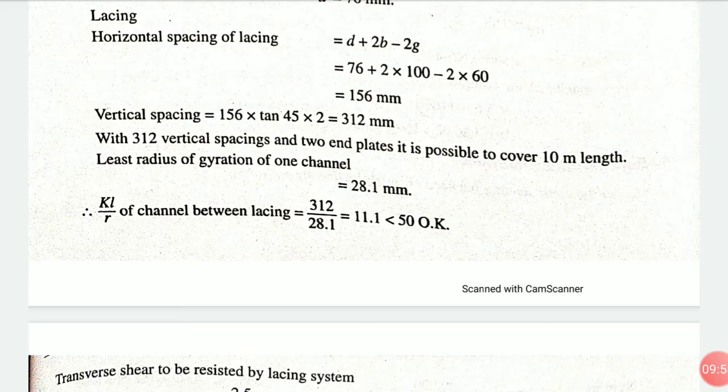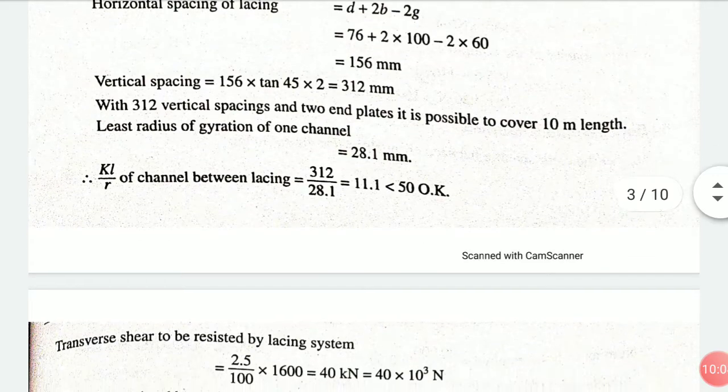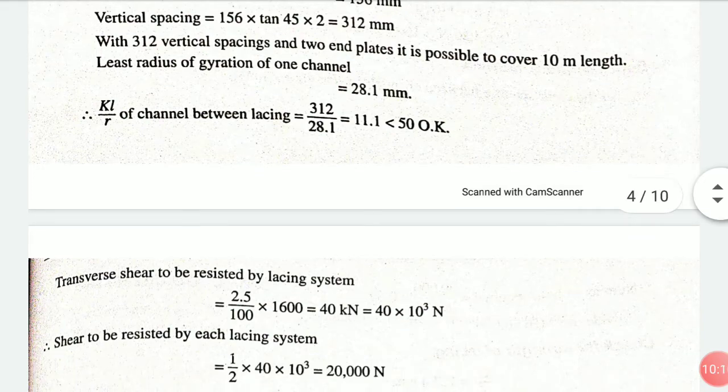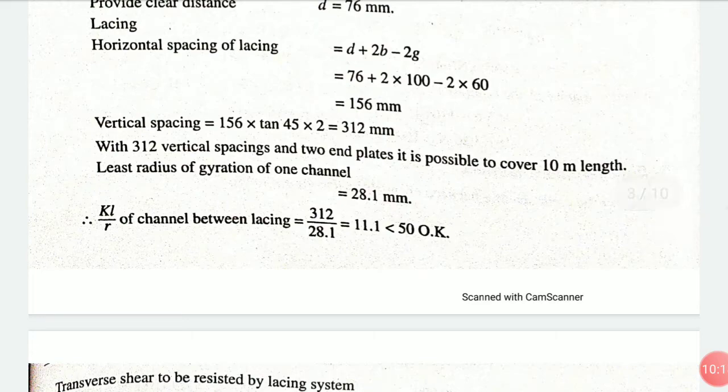Least radius of gyration of one channel is 28.1 mm, given in the steel table. So KL by R of the channel between lacing is 312 by 28.1, which is 11.1, lesser than 50. So this is the slenderness ratio of the compression member in between the lacing, in between one span of lacing, not the complete compression member.